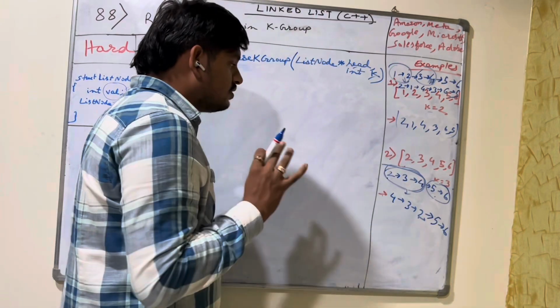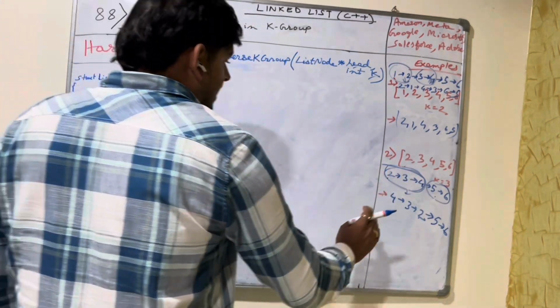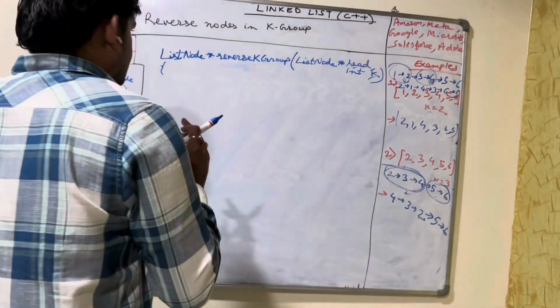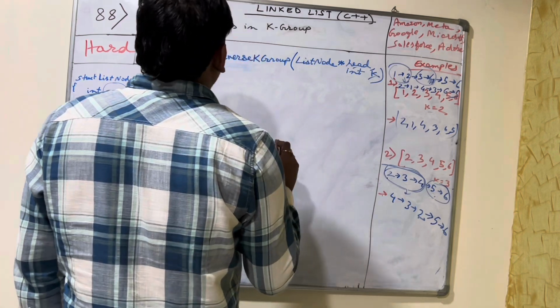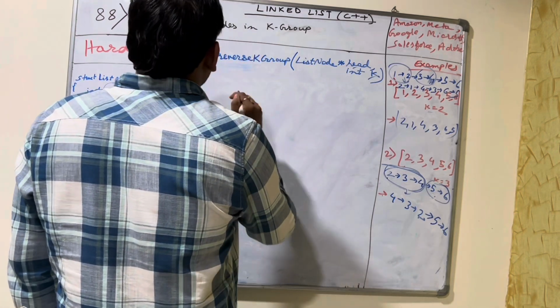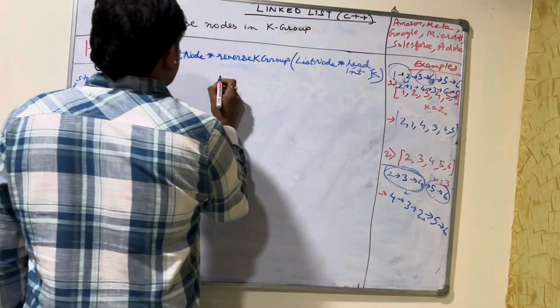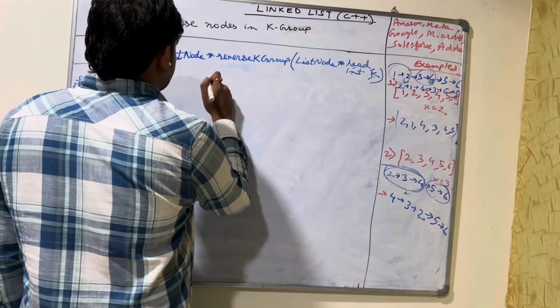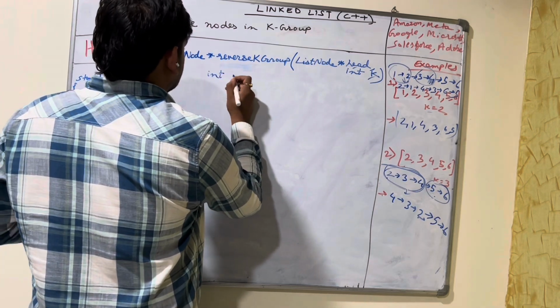So these two things we have observed, and we'll write the code and we'll get our answer to what we want. Okay, so what we can do is, let's first find the length.